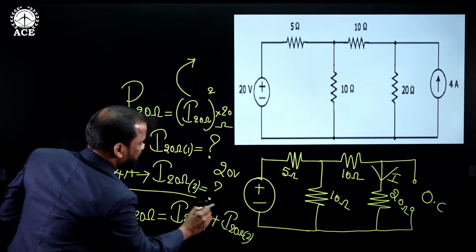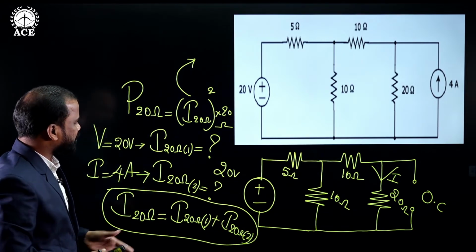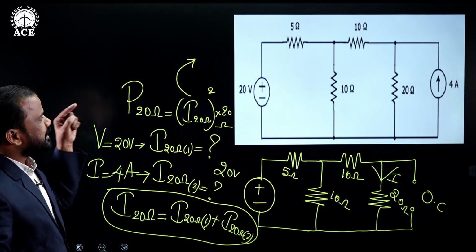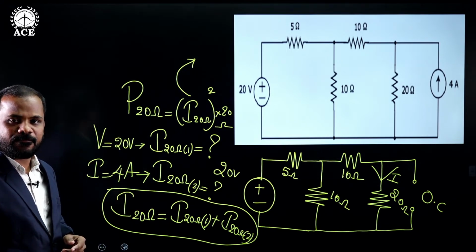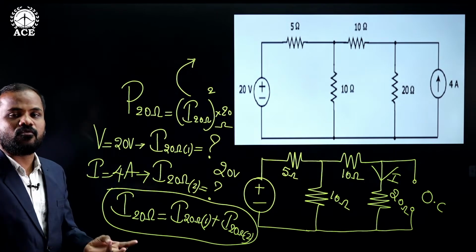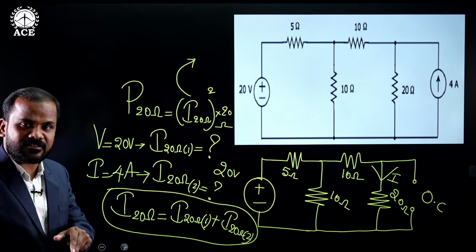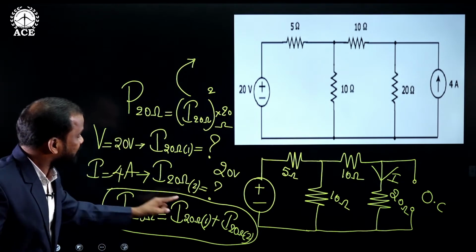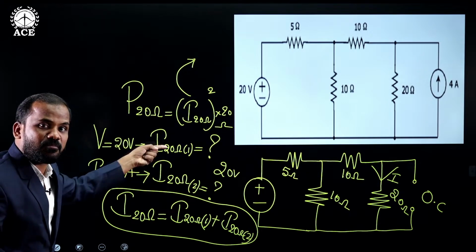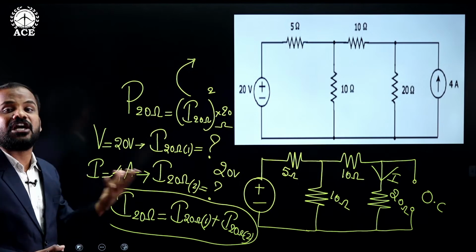So based on this equation, you can define the statement of the superposition theorem. In any linear and bilateral network consisting of multiple voltage sources, multiple current sources and multiple resistances, the response in any branch is the sum of the responses when individual sources are acting alone.